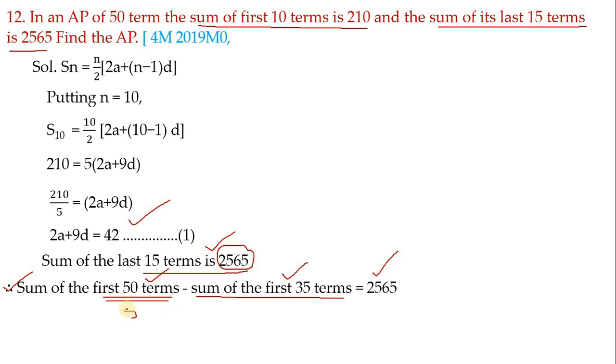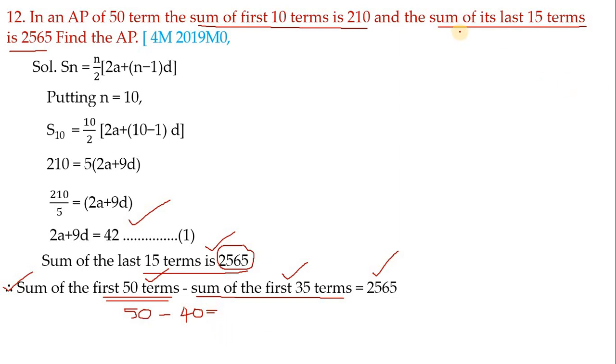Take the same 50 terms, the sum of 50 terms, and suppose the last 10 terms sum is given. In that case, how can you write? Sum of 50 terms minus sum of first 40 terms. It gives the sum of last 10 terms.